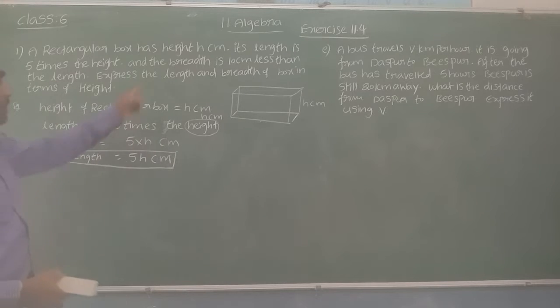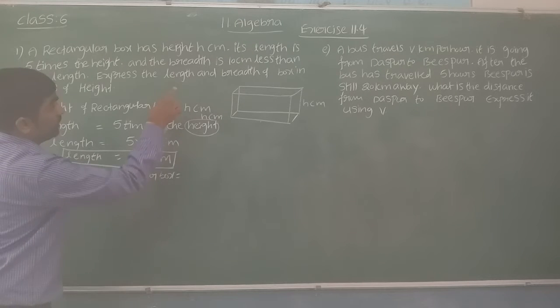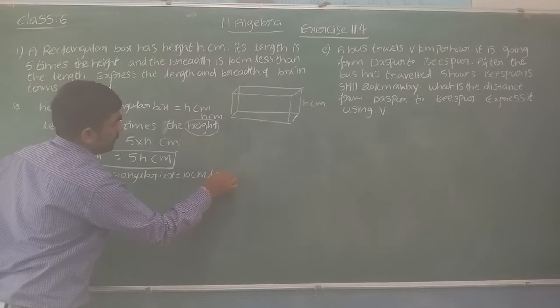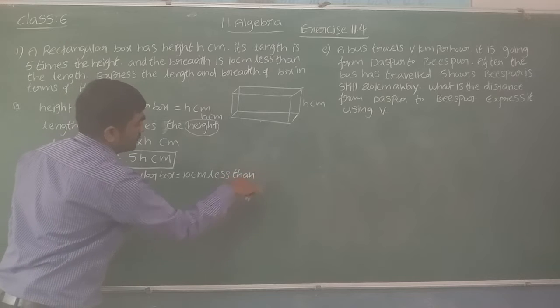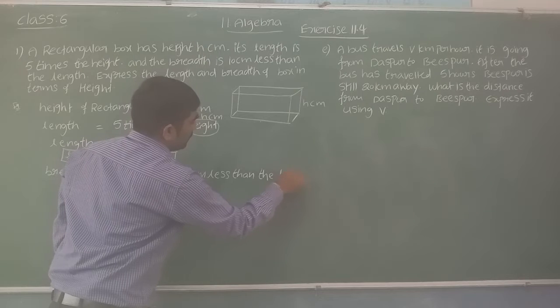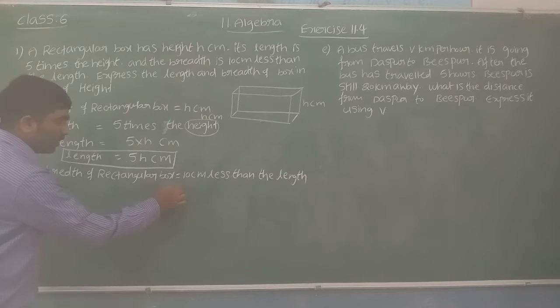And next, the breadth is 10 centimeter less than the length. Now we write here breadth of rectangular box is equal to, what do they say, beta? 10 centimeter less than the length. Now we need to write breadth in terms of h.